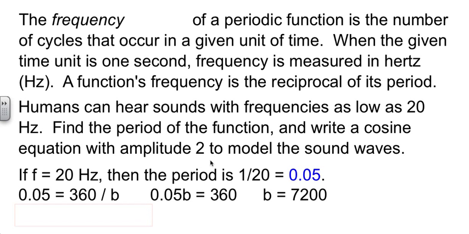They told us A right here, the amplitude is 2, so that'll be a good value for A. So Y equals 2 from the amplitude, cosine, because they said to write it in cosine, of 7,200, that was our B, and then we use T per time. You could use X or you could have used theta here. I just picked T this time. So there's our function, as pretty as it gets.